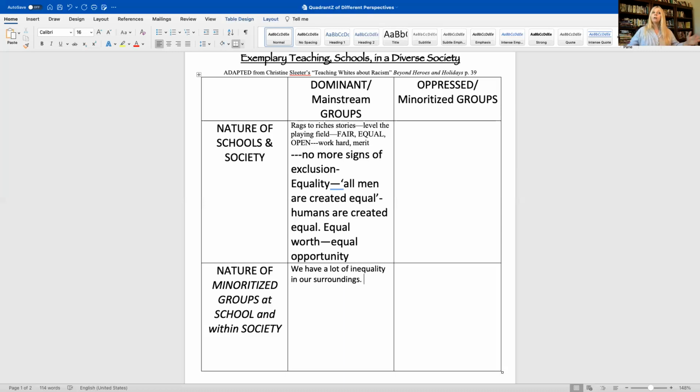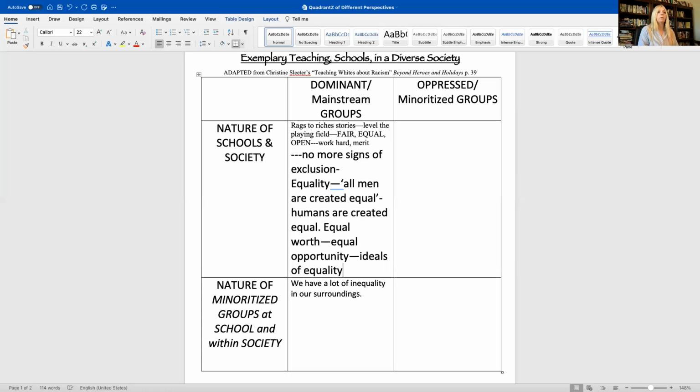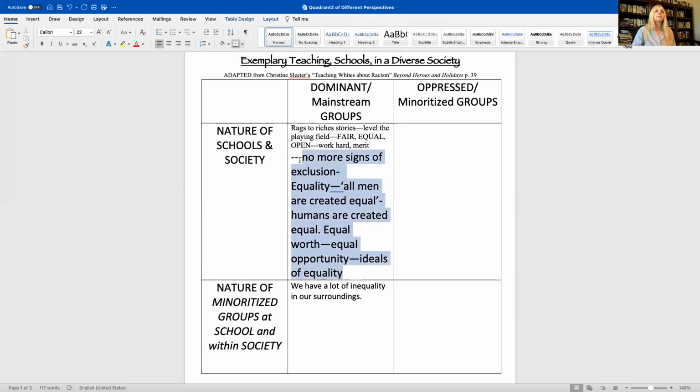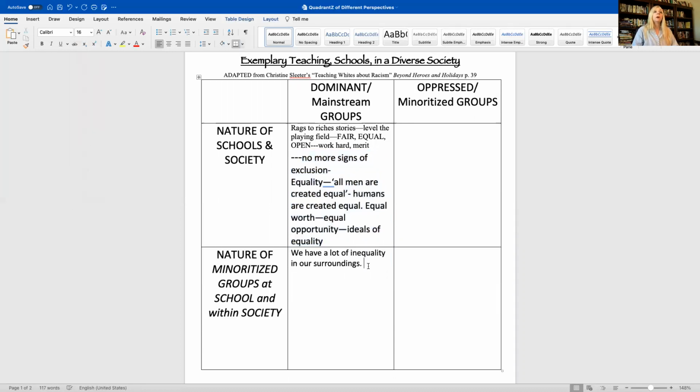So we talk about these ideals of equality, but then if you look around, even though we talk about all men are created equal, it's been a problem since our earliest days, right?